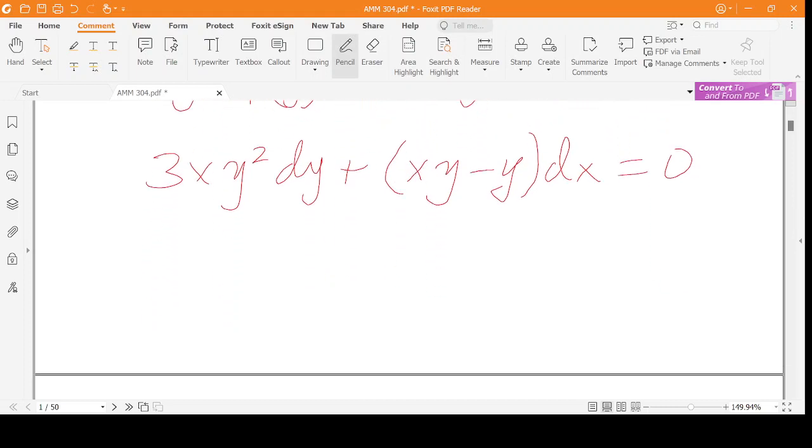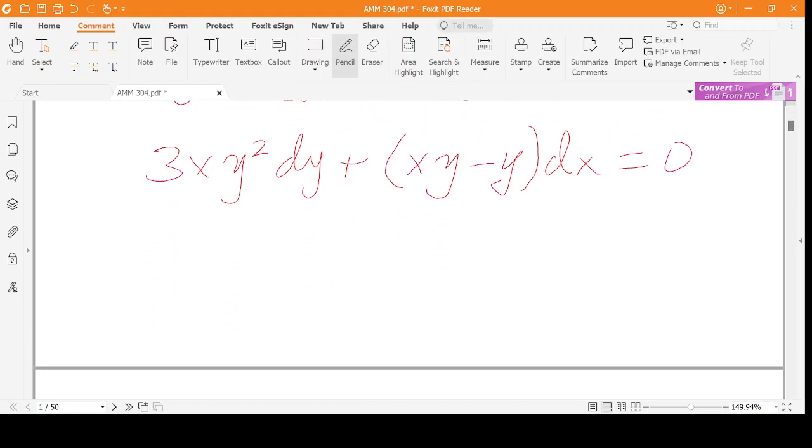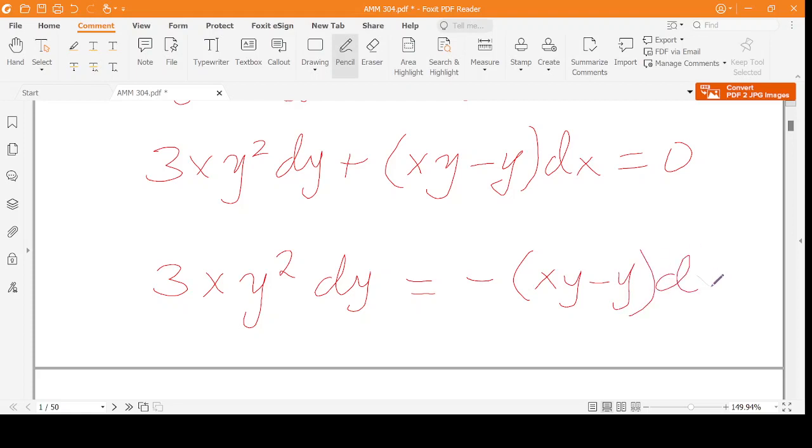So in this equation, we can first move the second term to the right hand side, so that we write 3xy squared dy equals minus (xy minus y) dx.